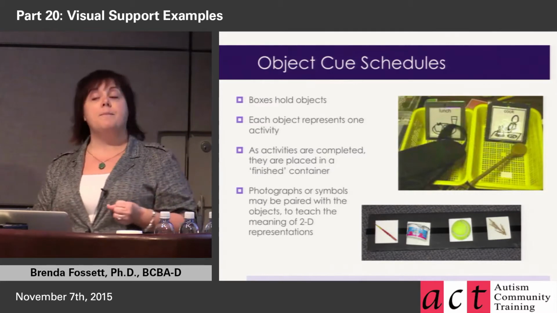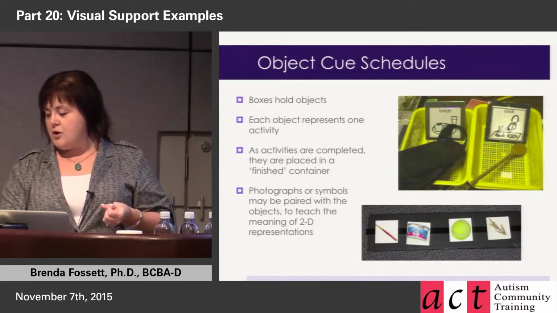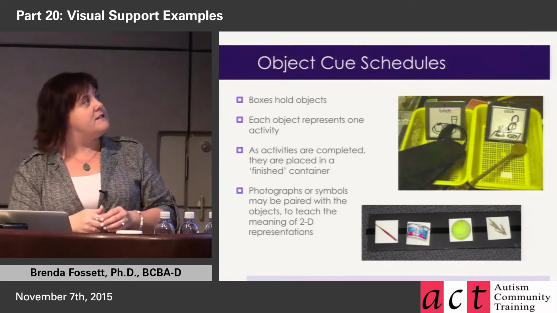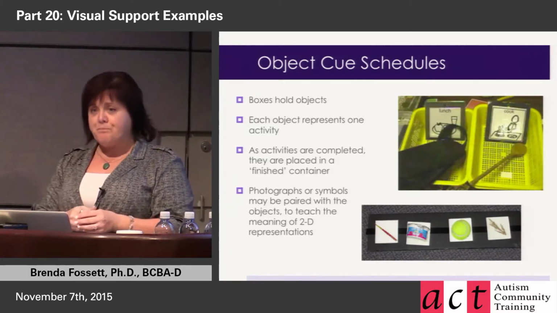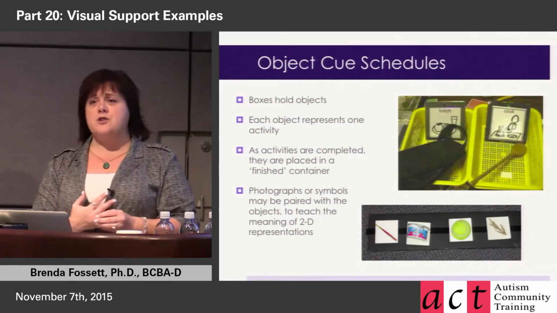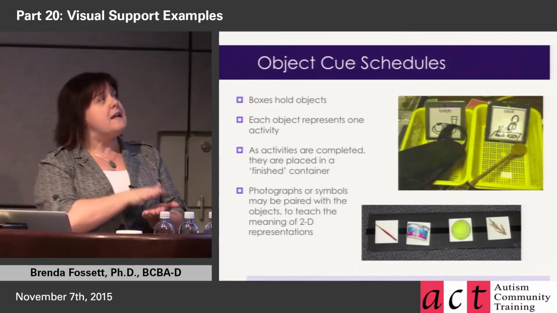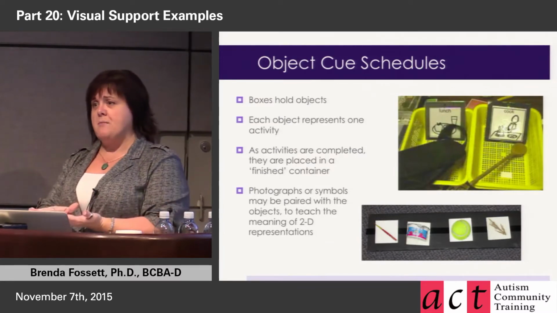I used this for a 5-year-old boy who was at the time, still is, but at 5, deaf, diagnosed with autism. And at 5, did not understand two-dimensional representation. He didn't understand photographs. He didn't understand picture communication symbols.